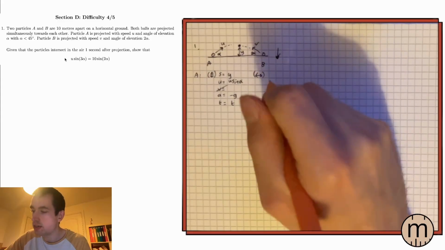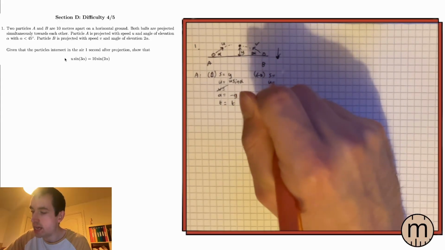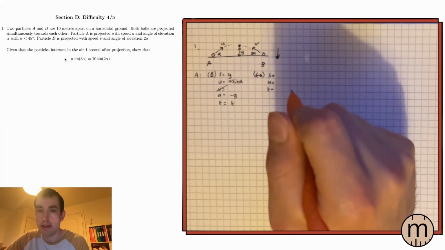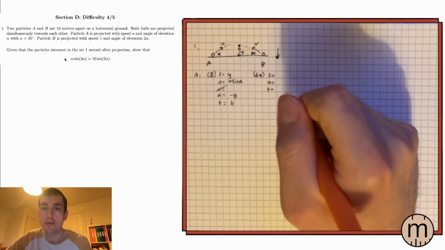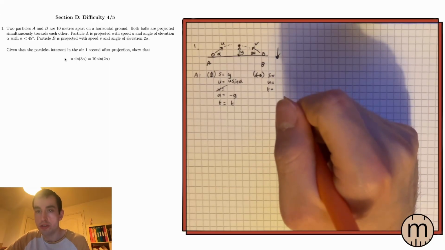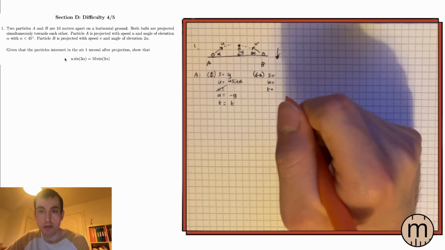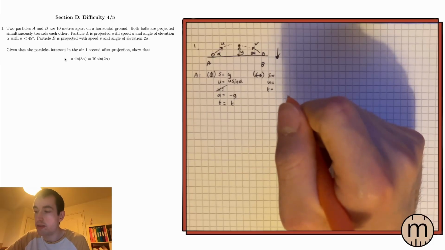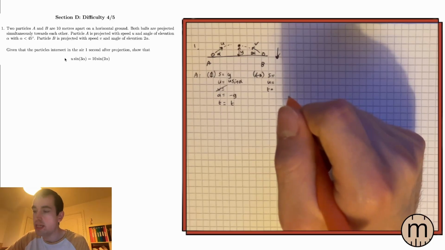In the side-to-side direction, we only need to consider S, U, and T. V is the same as U because there is no change in the sideways motion. It is constant. And similarly, A is 0 because it's constant in the sideways direction. There's no increase, there's no decrease in speed.